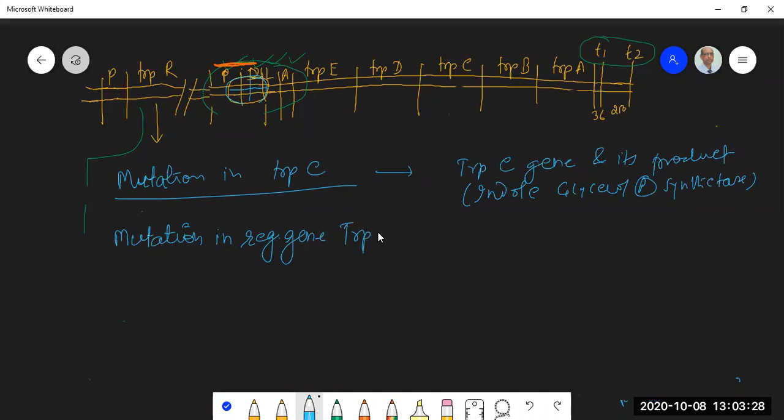But if there is a mutation in the regulatory gene, that is trpR, what is going to happen? The expression of all the structural genes is going to be affected irrespective of whether tryptophan is present or absent. That means the operon is going to be constitutively expressed.